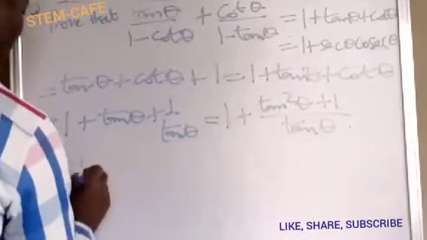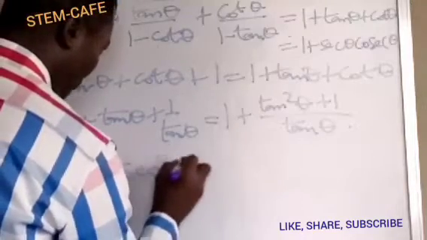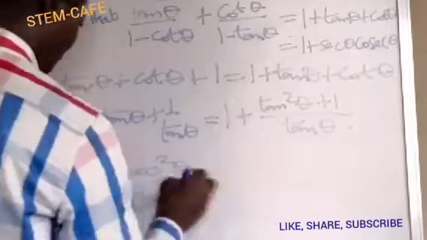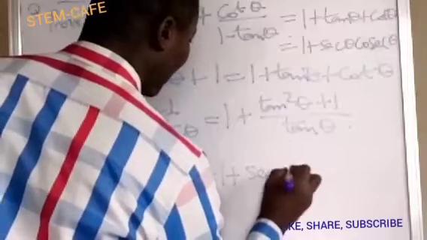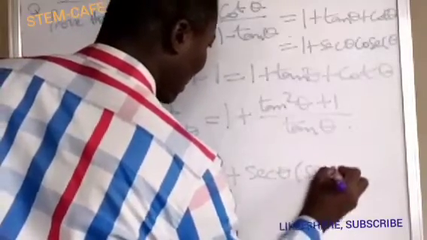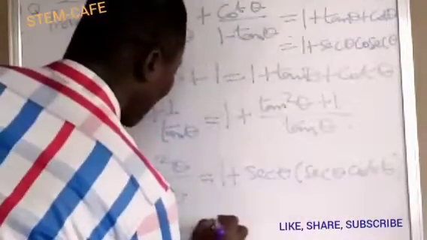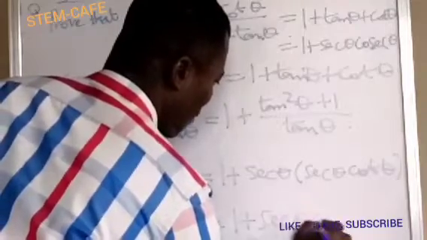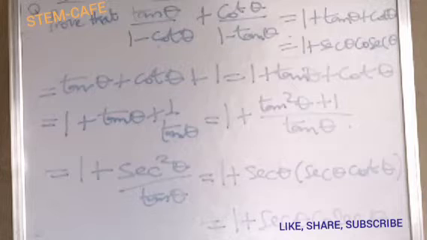And we know that tan square theta plus 1 is sec square theta, over tan theta, which is 1 plus sec theta into sec theta cot theta. And sec theta cot theta will give us cosec theta. So this is 1 plus sec theta cosec theta. Proved.